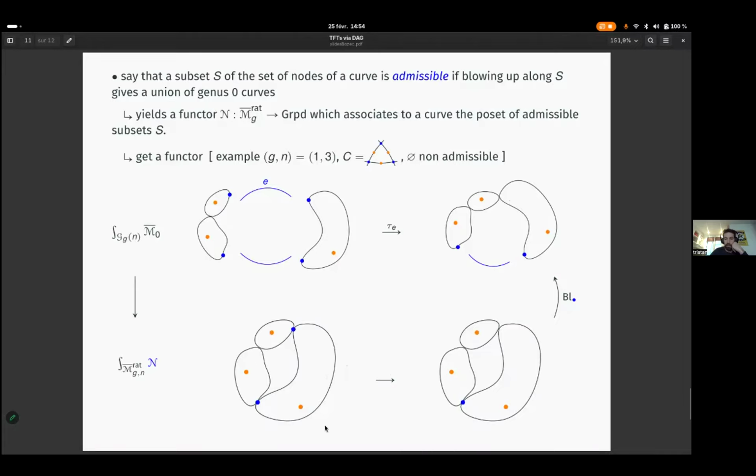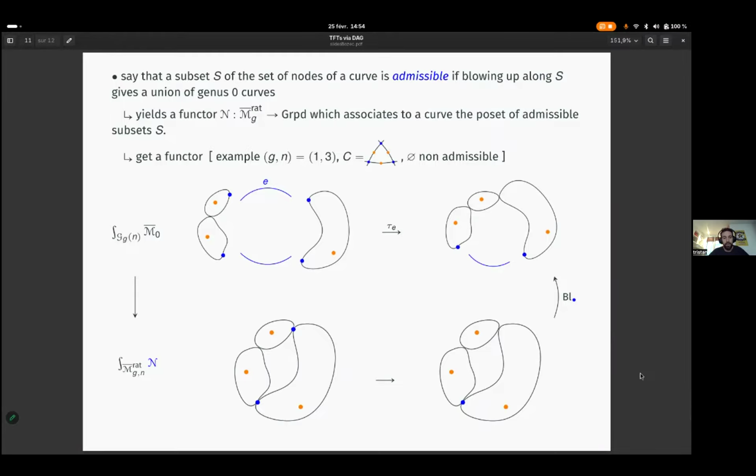Here on the floor level, nothing. In this example, it's not much happening. We just consider this node as a subset of this pair of nodes. So that's a relation in my poset.